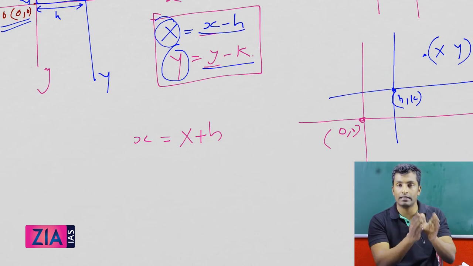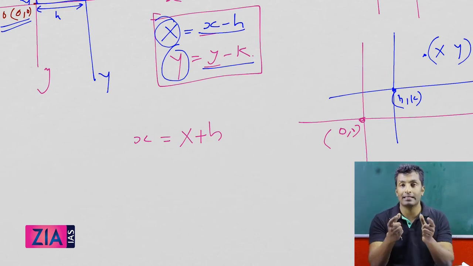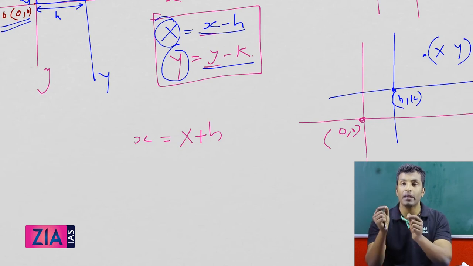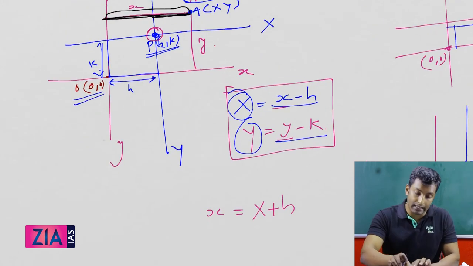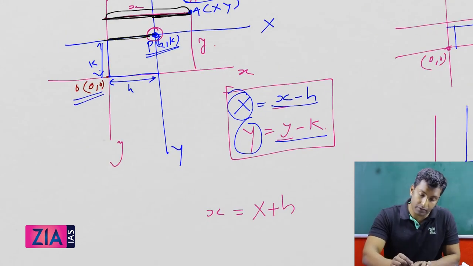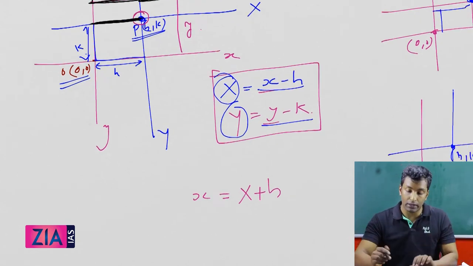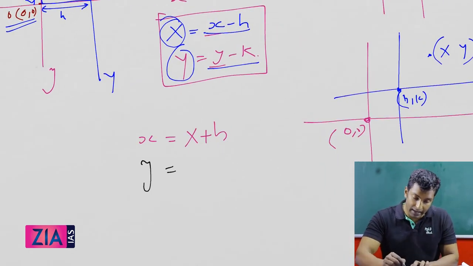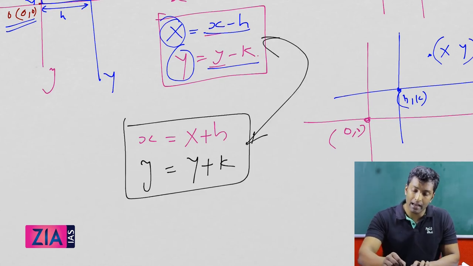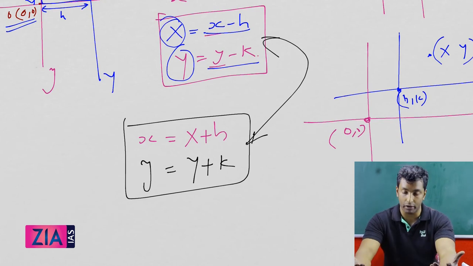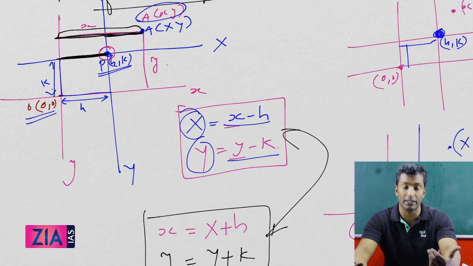So small x, with respect to origin 0, 0, is the coordinate in the new system plus the distance from the old origin to the new origin. So x equals X plus h, and similarly y equals Y plus k. You need to remember this too. Anyway, practically, when you are solving questions, you'll automatically get it. But this is how you need to convert, and you will get questions based on this.